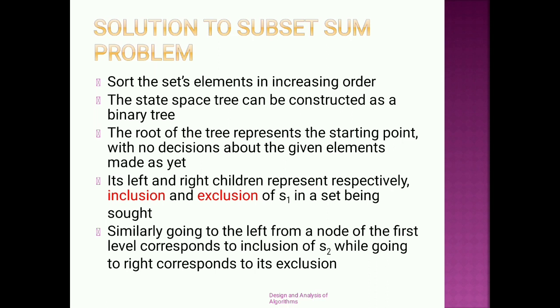Here small s1 is nothing but the first element in the set. Remember that it is the first element in the set. s2 is the second element, s3 is the third element, sn is the nth element. So in the first level, the left child represents the inclusion of s1.